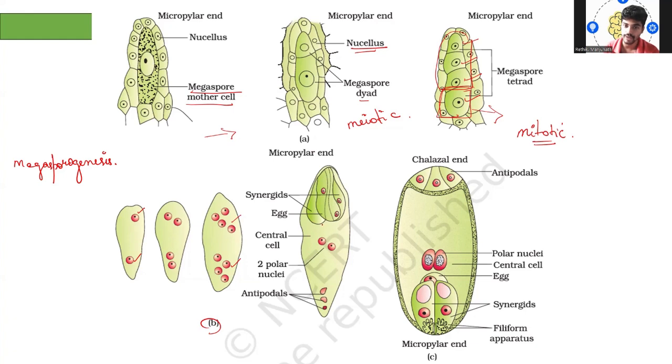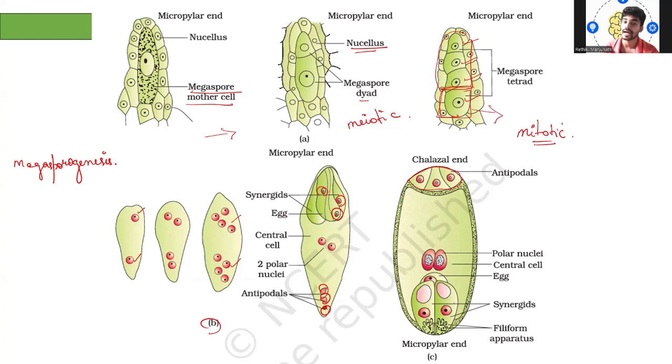As you observe here, out of eight nuclei, six nuclei, say 1, 2, 3, 4, 5, and 6, are being surrounded by cell walls. Can you observe here? So 1, 2, 3, 4, 5, 6 are being surrounded by what?